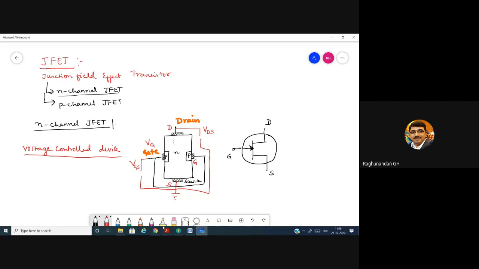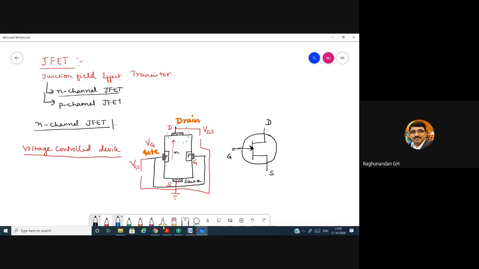Now, in order to get the current, a drain is a collection point where we are going to collect the charges. Source is a sending point. So electrons have to flow in this direction, towards the drain. Now, what kind of potential or electric field or battery do I need to apply across this particular portion to attract the electrons towards this junction?